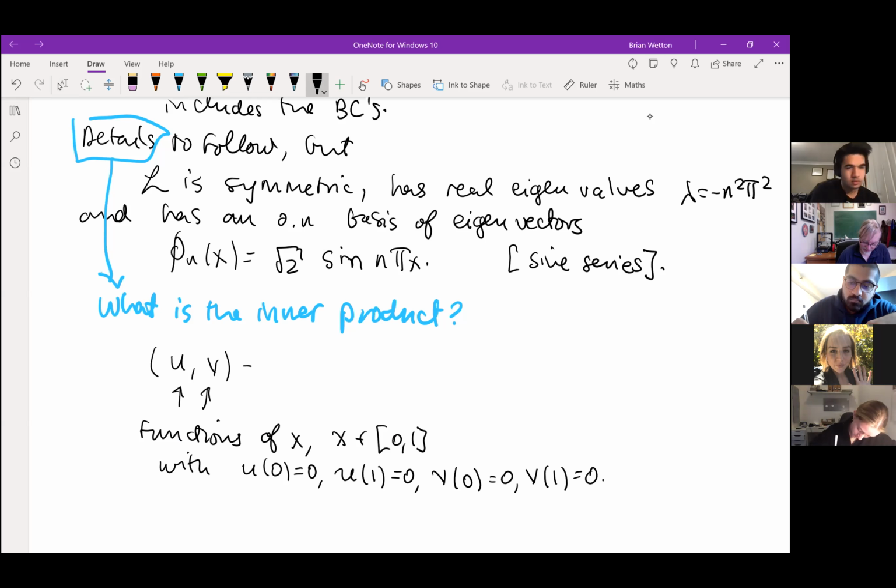And the inner product is the integral from 0 to 1 of u of x times v of x dx. Right, this looks an awful lot like the Euclidean norm of vectors.